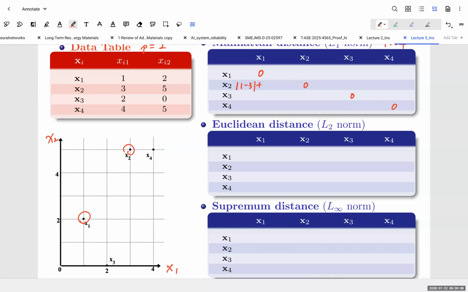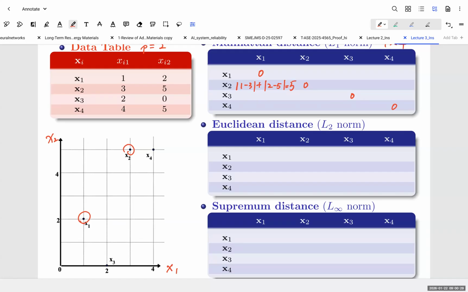First and second. And we consider the second dimension, absolute value 2 minus 5. So the overall distance, Manhattan distance between the first 2 data objects is 5.